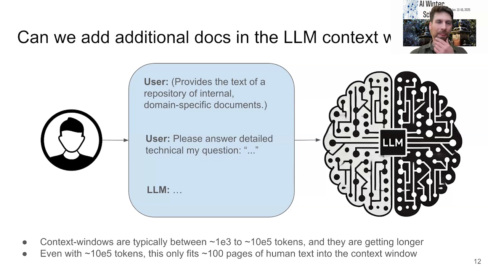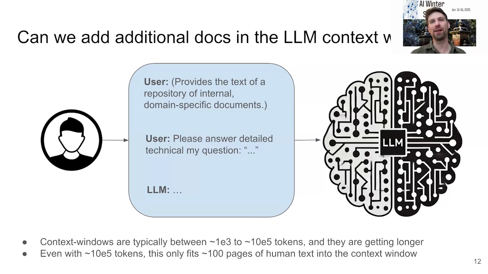And this can work. But as I mentioned, context windows are typically up to 10 to the 5, maybe 10 to the 6 tokens currently. So even at these limits, maybe it's between 100 and 1,000 pages of human text.